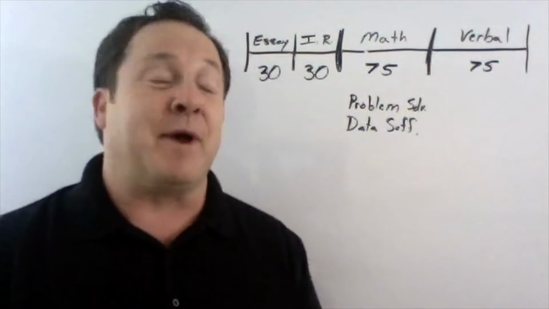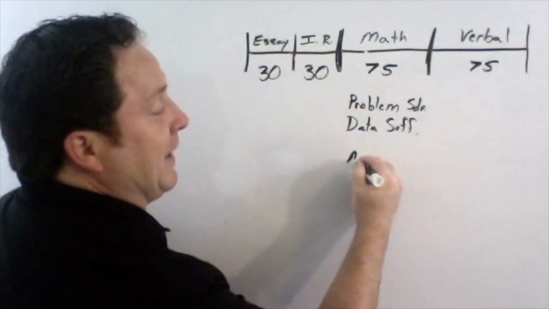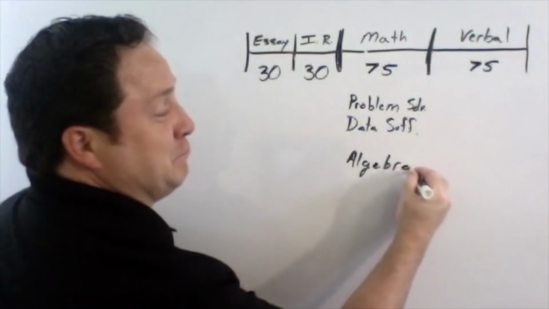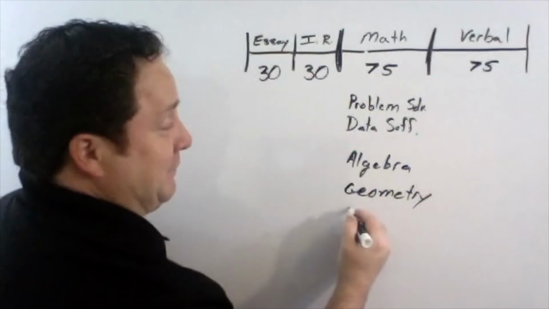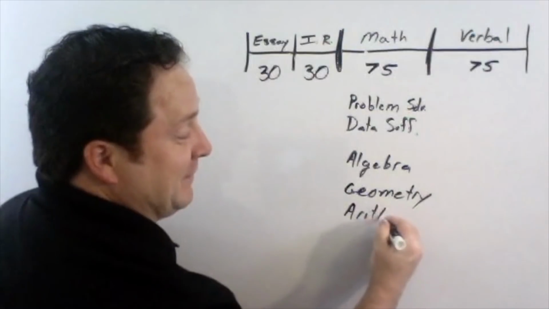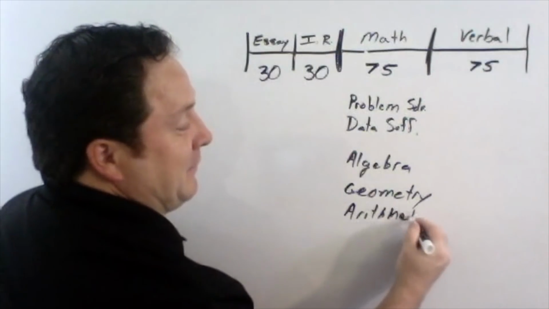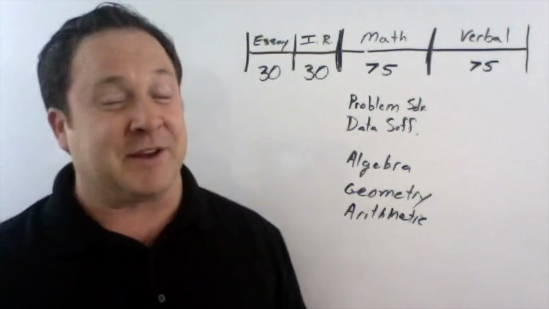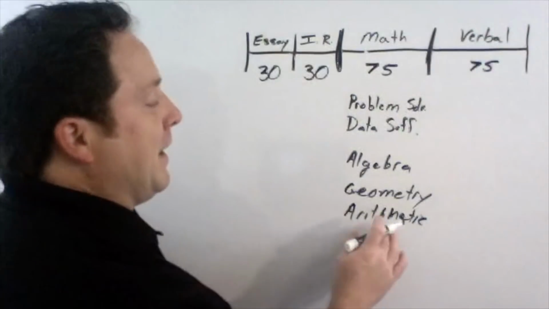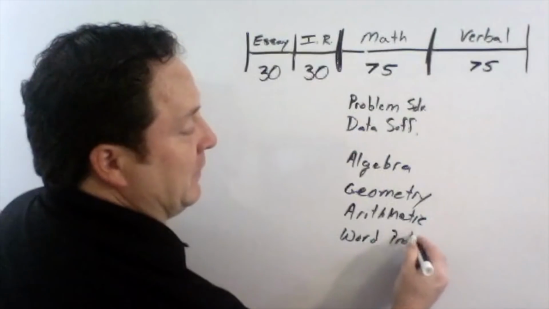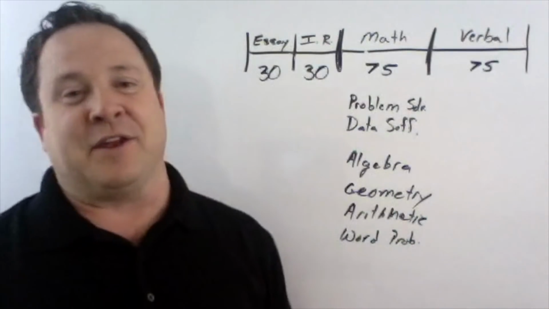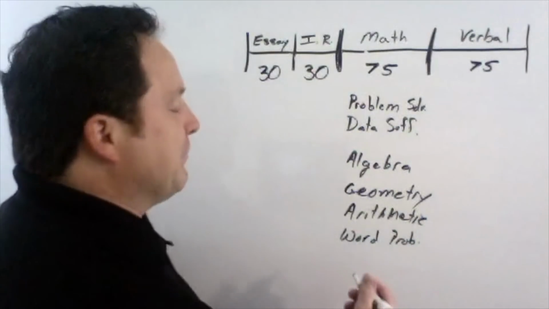Now, the areas of math that you're tested on are things like algebra, geometry. You also have, really, arithmetic. So seriously, arithmetic, adding, subtracting fractions, and all of that. You also have various kinds of word problems, like things like rate and time, that kind of thing.